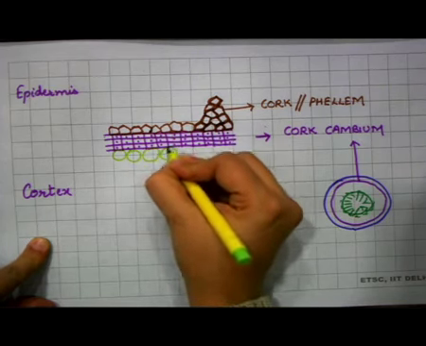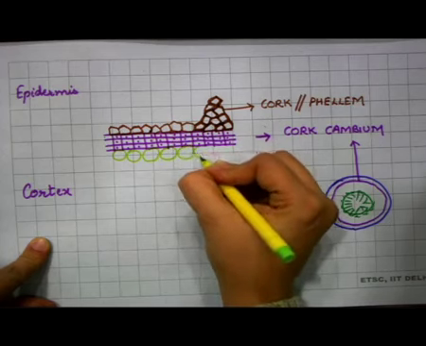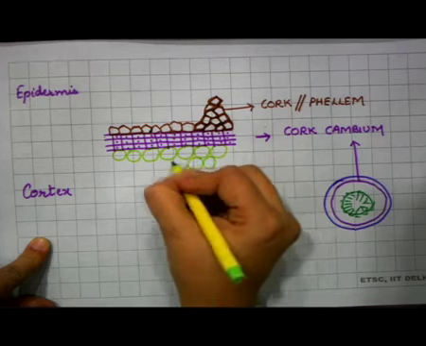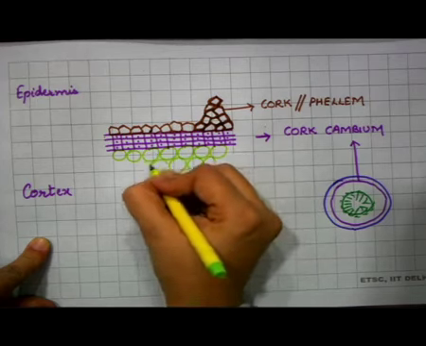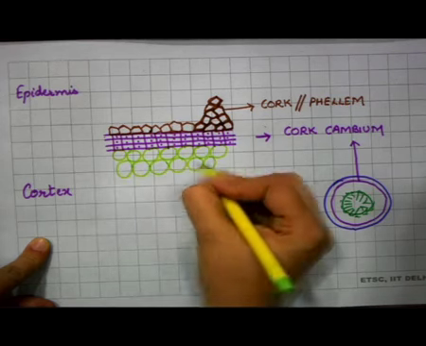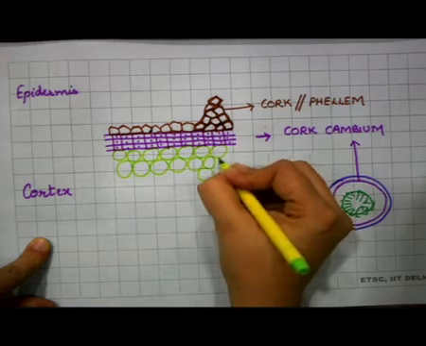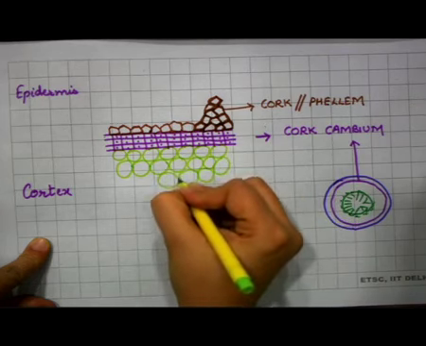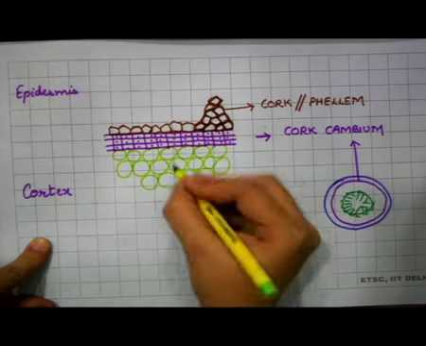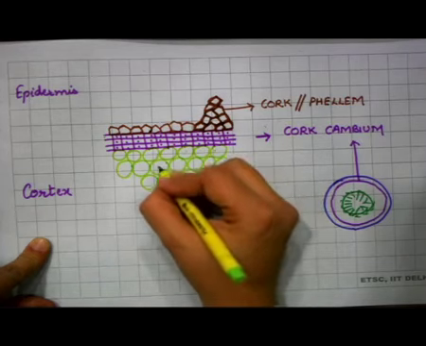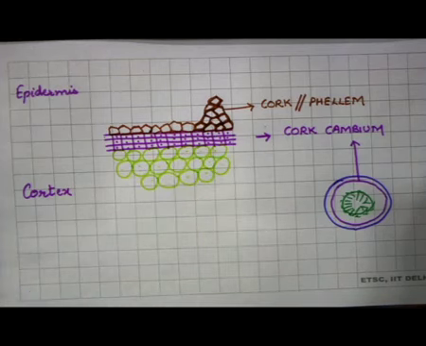Secondary cortex cells are similar to the primary cortex cells only. So, they are parenchymatous, they have intercellular spaces, they are polygonal, isodiametric, have protoplast, just like the primary cortex.